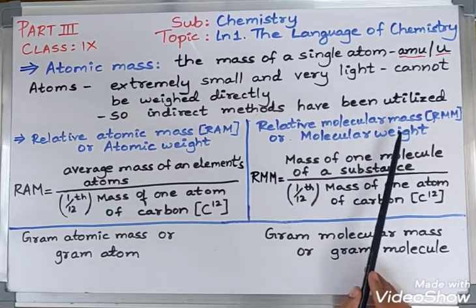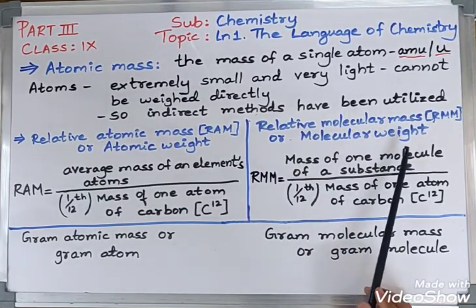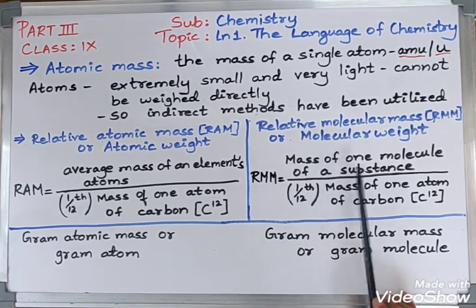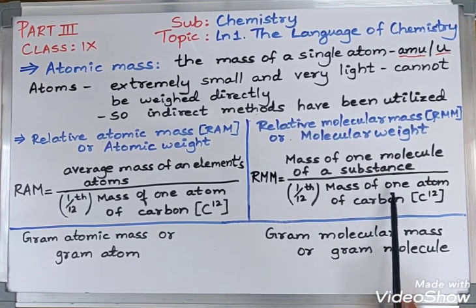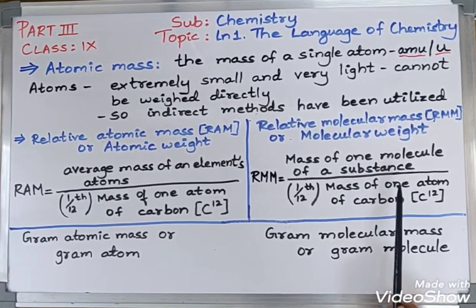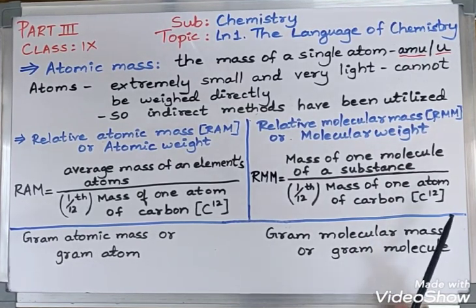Similarly, relative molecular mass is nothing but molecular weight. Relative molecular mass is equal to the mass of one molecule of a substance to 1/12 mass of one atom of carbon-12. So here we are comparing the mass of one molecule to 1/12 of carbon-12.